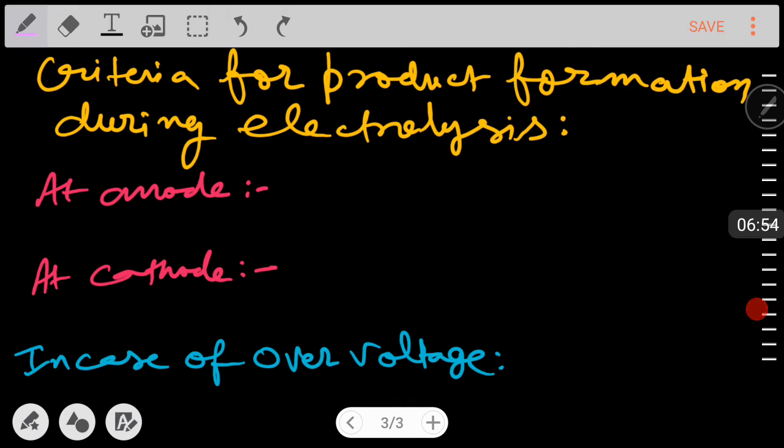So at the anode it is a competitor for oxidation, but at the cathode it is a competitor for reduction.